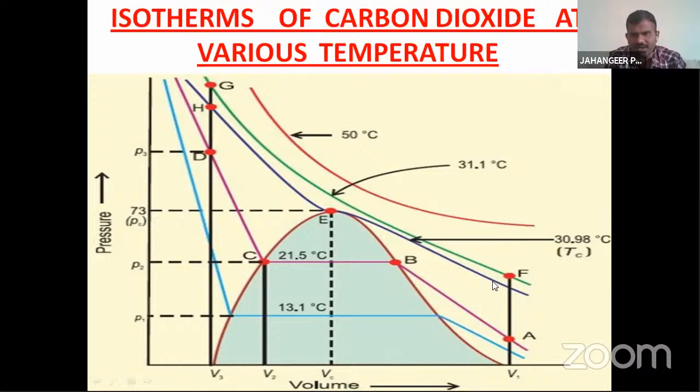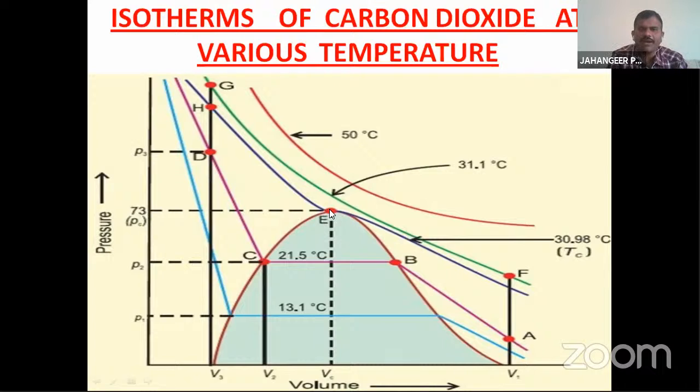And the next one is another curve here, the blue line. What is the temperature? 30.98 degrees Celsius. Here also volume decreases and pressure increases until it reaches a particular point. This red dot indicates a particular point. What is the temperature here? 30.98 degrees Celsius, and its pressure is 73 atmospheric pressure.